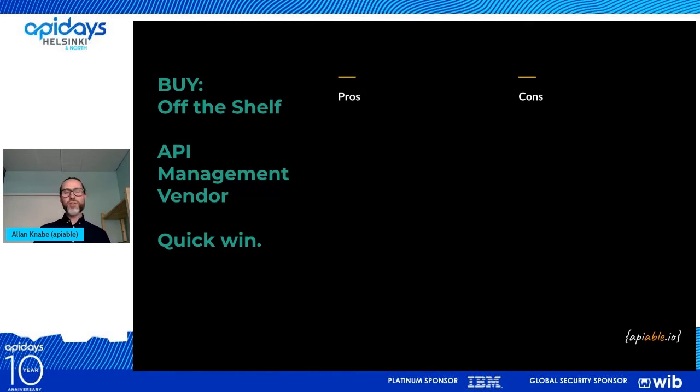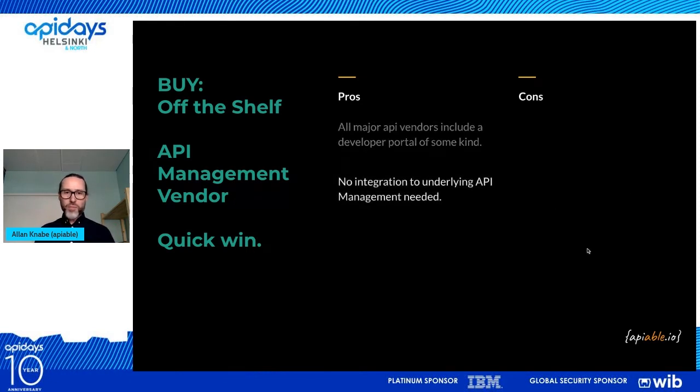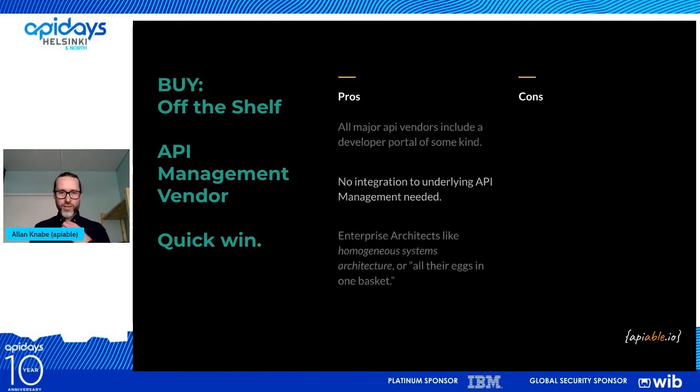So you should definitely check it out. You don't normally need to do any crazy integration. The API portal is already integrated into your API management system, so it's just going to work out of the box.